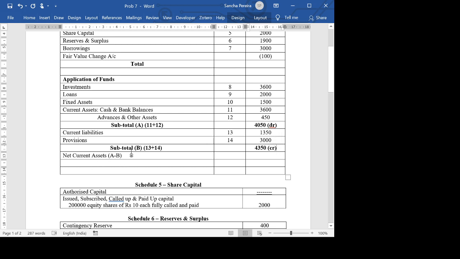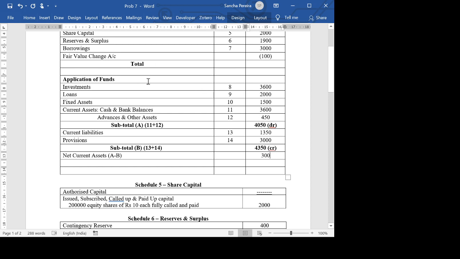Now, what is my question here is A minus B. A is this and B is this. So if I subtract 4050 from 4350, I basically get 300. Okay, now pay attention here. Your debits are 4050, and credits are 4350. So basically here the credit is more than the debit.